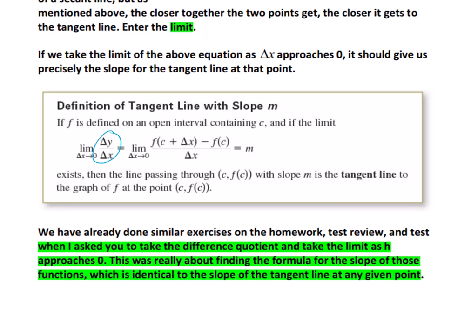We're talking about some change in x, which we used to call h, and we're talking about C over here also. That would be our y1. This would be our y2. And this delta x down here, the change in x, is the distance from the first point to the second point on the x-axis.